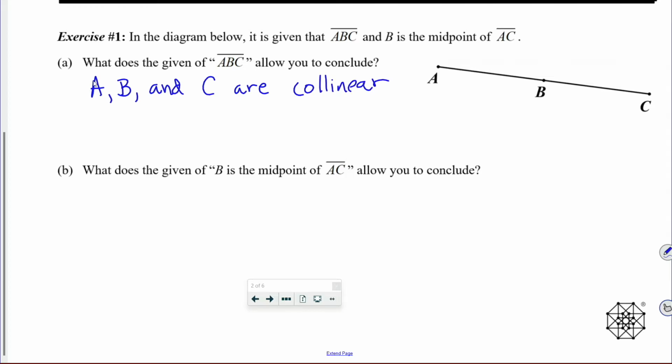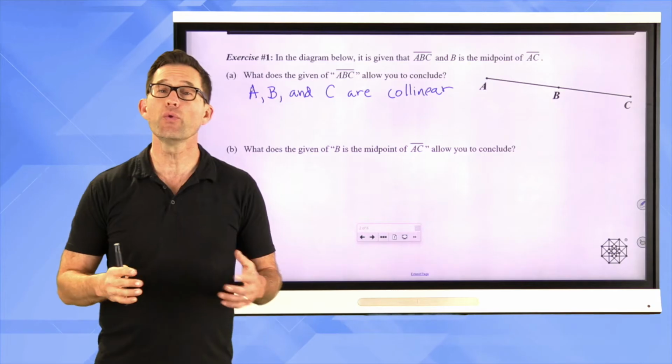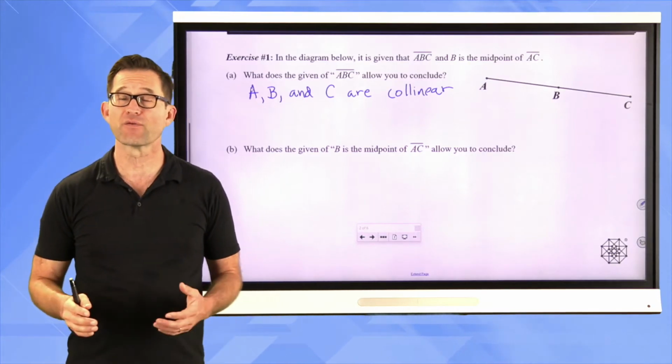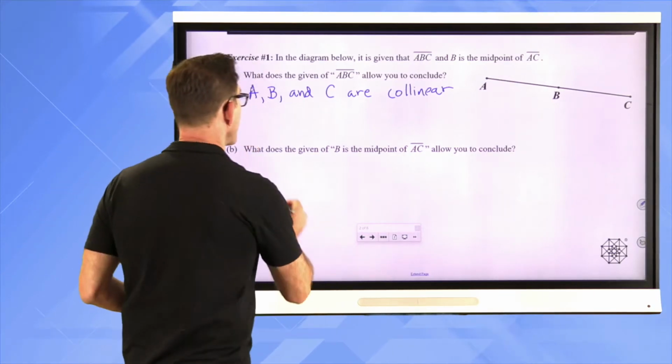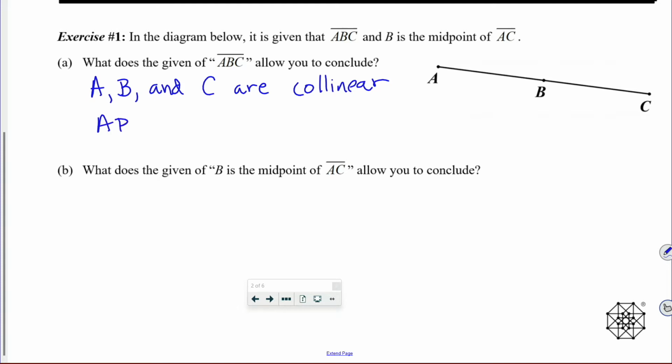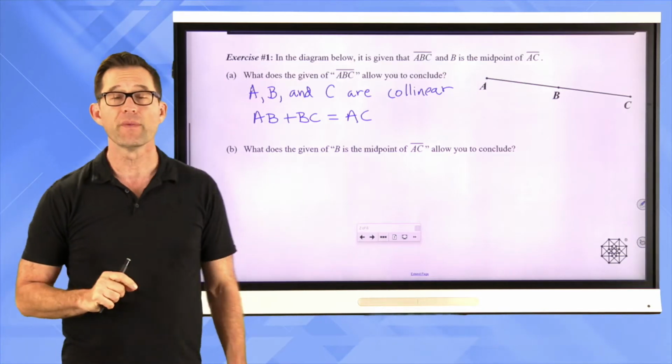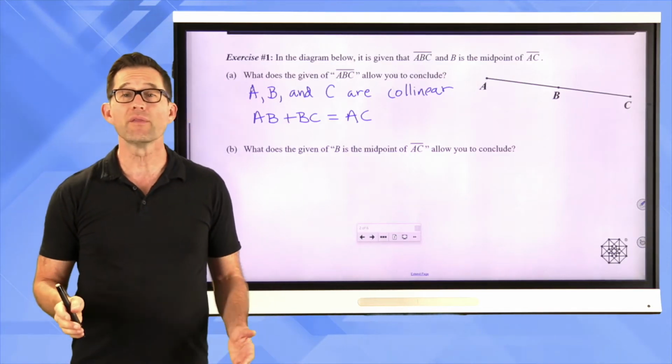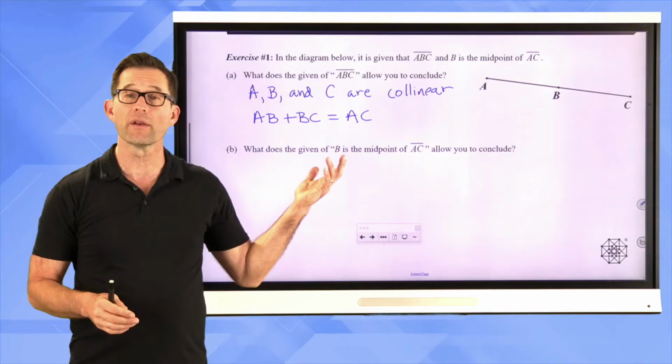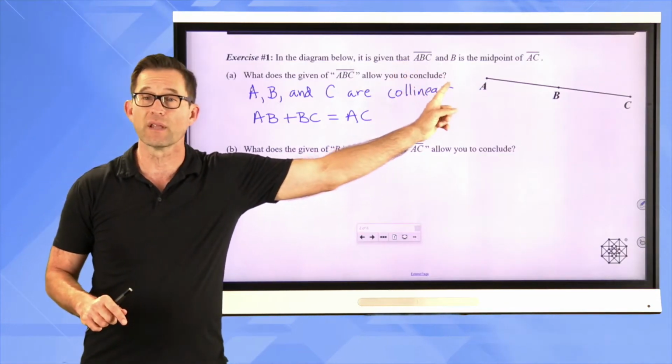Now, we can actually infer two things from that. One thing that we can infer is that AB plus BC is equal to AC. And that is probably the most common thing that we will infer from something that looks like this.